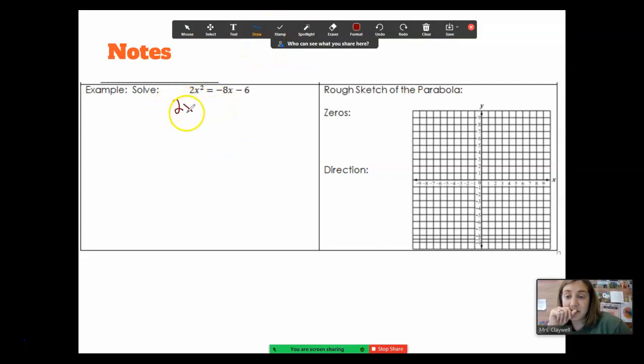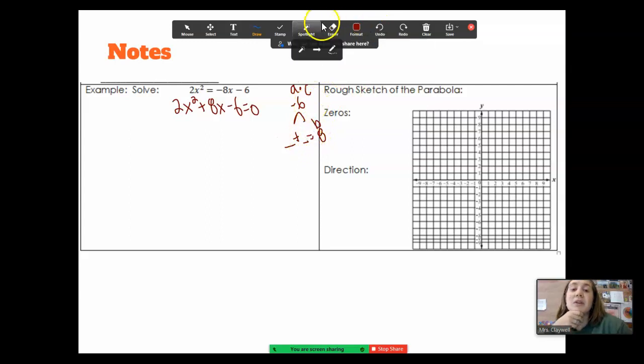So let's get this in standard form. A times c equals negative 6, adds to b of 8. I made a mistake.